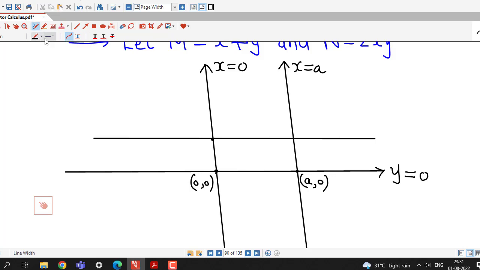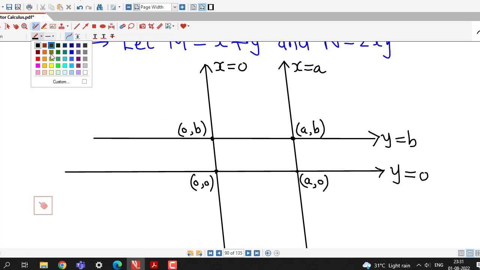So this line is y equal to b, and this point will be (0, b). This point will be here, where x is a and y is b. So this is the point (a, b), and the region of integration is the region bounded by these 4 line segments.